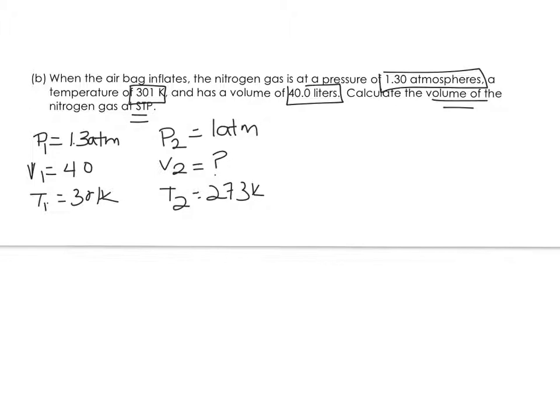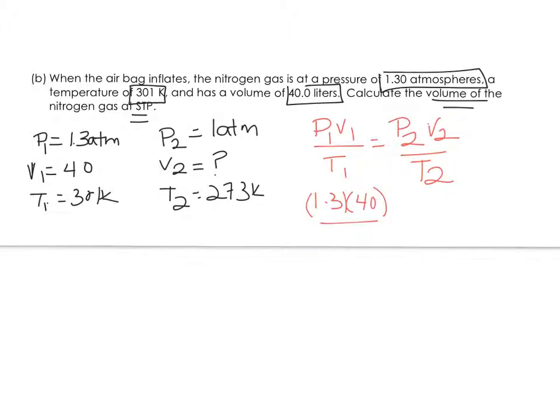All right, so now I'm going to plug and chug. I've got P1 V1 over T1 equals P2 V2 over T2. So P1, 1.3 times V1 is 40 all over 301 is equal to 1 times V2 over 273.